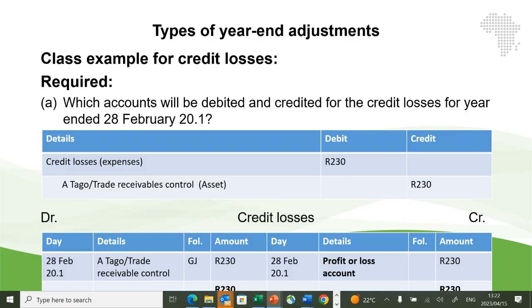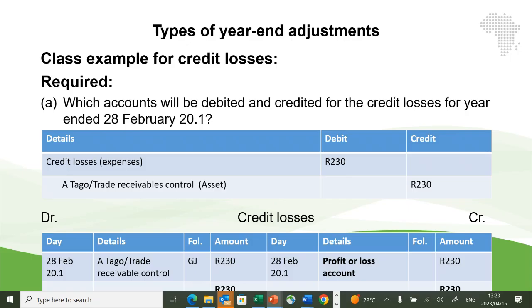Remember, when you sell something on credit, I think we've covered it in Learning Unit 5, you debit your trade receivables, or your debtors account, because it's an asset for you. They owe you that money. Then you credit maybe your sales that you have made.